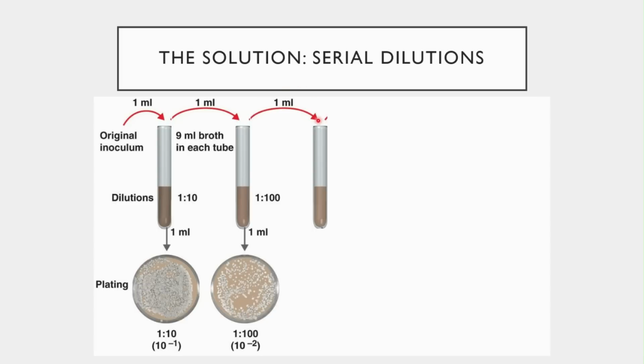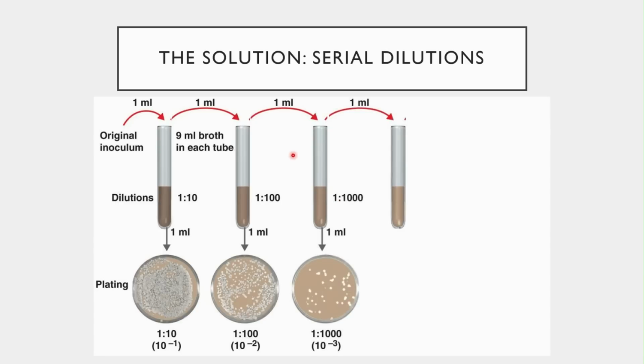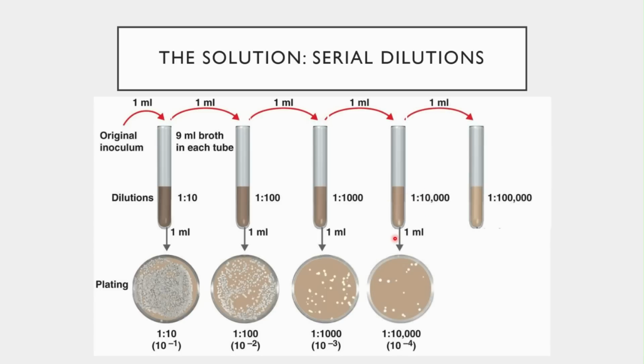Now we did it one more time. I did 1 mL to 9 mLs. So what's our new total dilution? It's 1 to 100 times 1 to 10, or 1/1000th. If we dilute that by 1/10 again, it becomes a 1/10,000th dilution. And we do it one final time, 1 to 100,000th dilution.